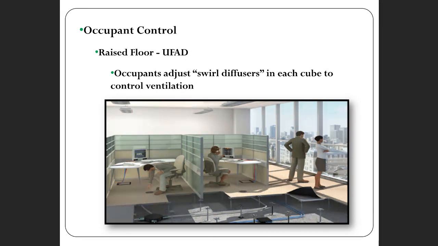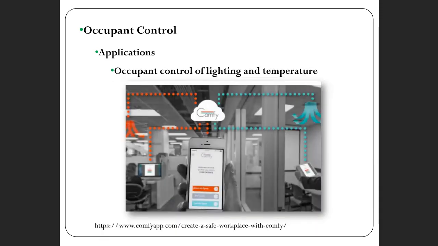Here's another way that we might give occupants control, right? This is actually a little phone app called Comfy. The company that I worked for bought Comfy a couple of years ago, so now it's a Siemens company. I work for Siemens, so Siemens bought Comfy, but Comfy is an app that you can have on your phone.